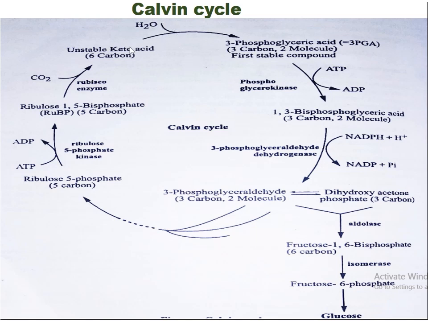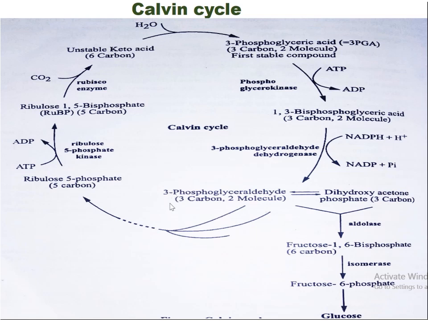So in each round of the Calvin cycle, 6 molecules of carbon dioxide and 6 molecules of water enter into the cycle. As a result, it produces 12 molecules of 3-phosphoglyceraldehyde. And among these 12 molecules of 3-phosphoglyceraldehyde, they are used in two ways.